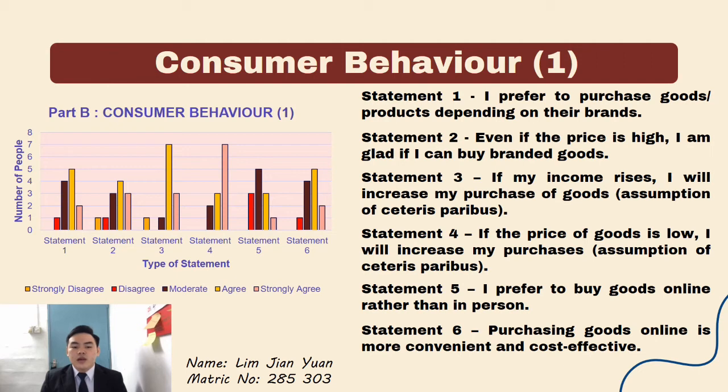Lastly, there are 5 respondents who answer agree to statement 6, that purchasing goods online is more convenient and cost effective. This is because of easy comparison for customers to purchase the good. That's all for my part. I will pass to the next group mate.